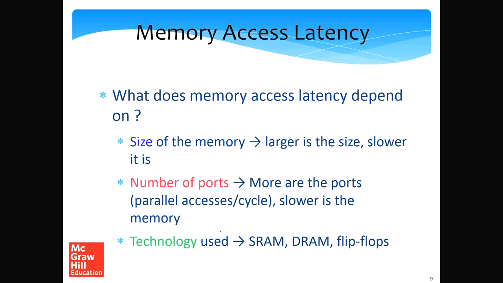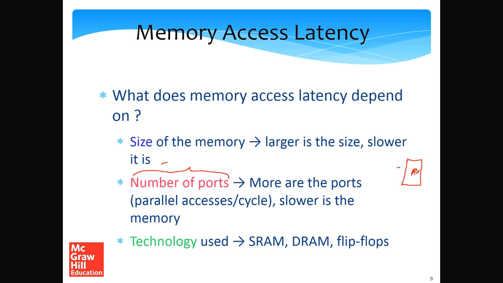Memory latency depends on the size of the memory. The larger the size, the slower it is. The memory access latency also depends on the number of ports. Let me discuss this. Consider a small memory like a register file. In the register file, there is one instruction which is reading in one cycle, and one instruction which is writing.